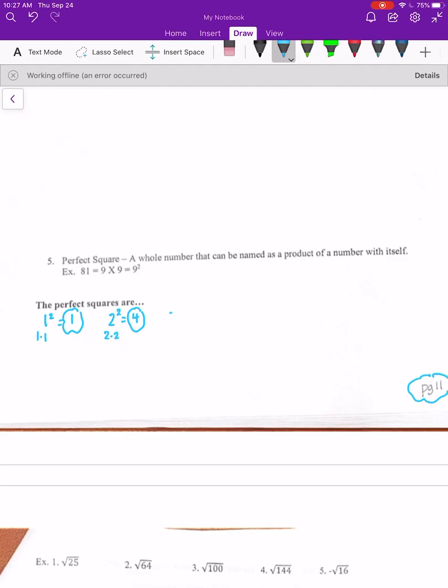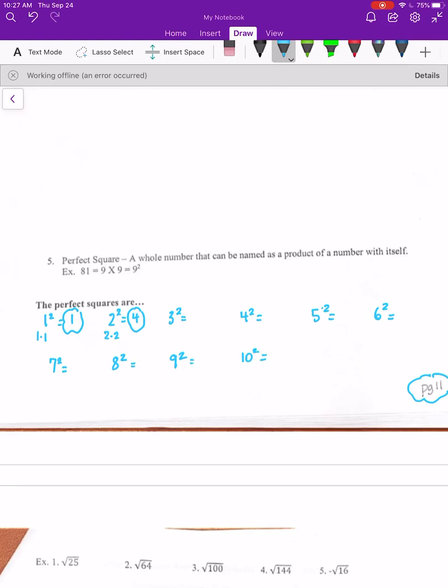So what I want you to do is keep going. 3 squared, I'm going to write them out. 4 squared, 5 squared, 6 squared, 7 squared, 8 squared, 9 squared, 10 squared. I forgot the equals there.